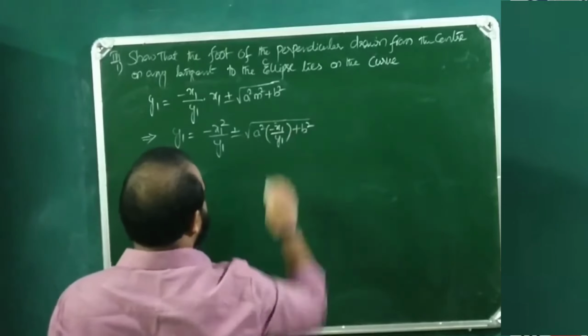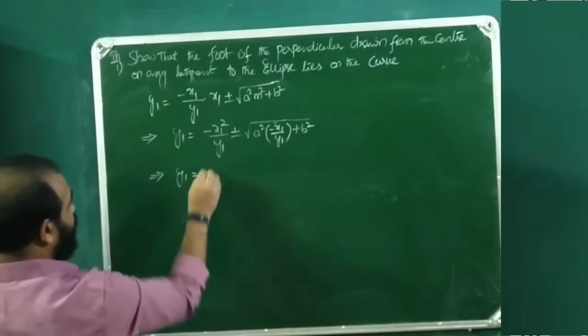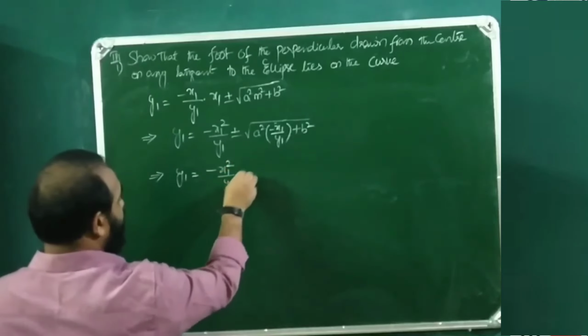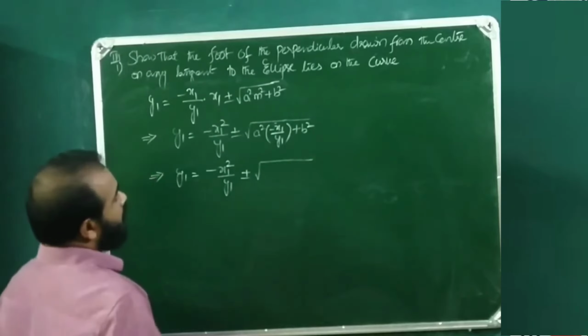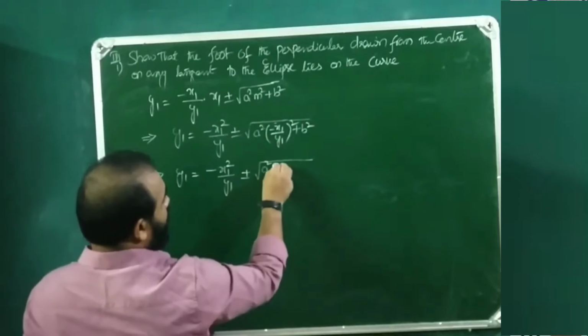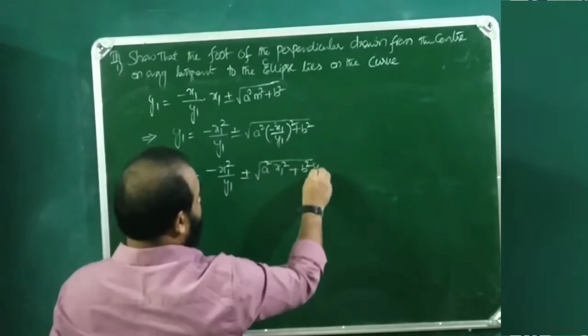So y1 equals minus x1 square by y1 plus or minus square root of a square x1 square plus b square y1 square, whole over y1 square.